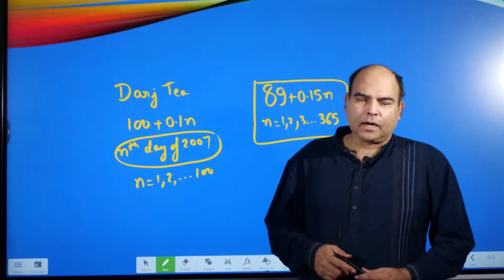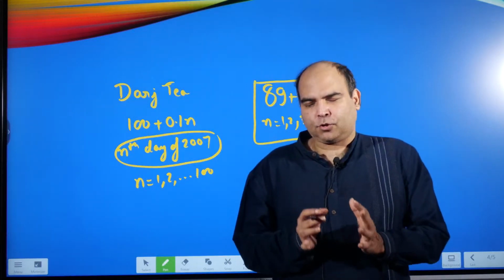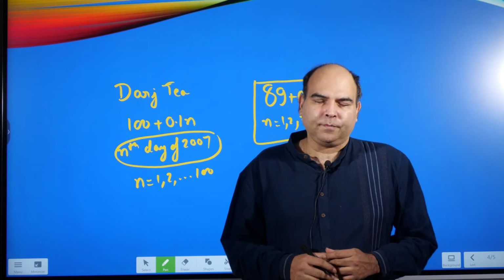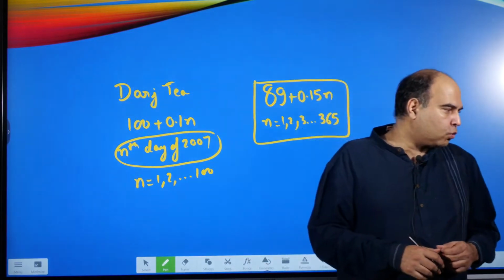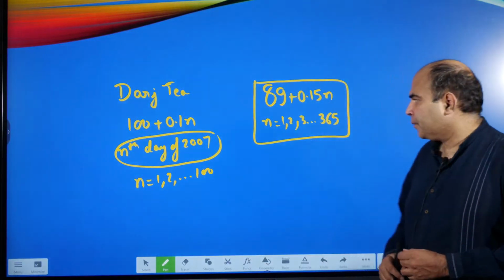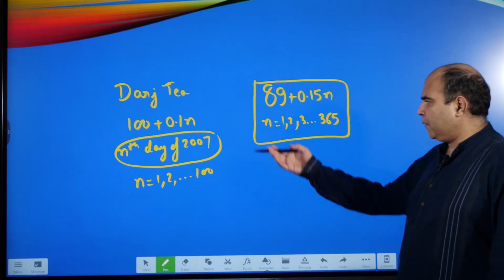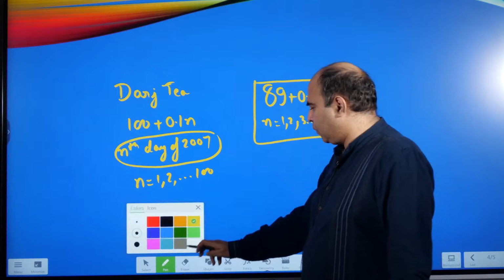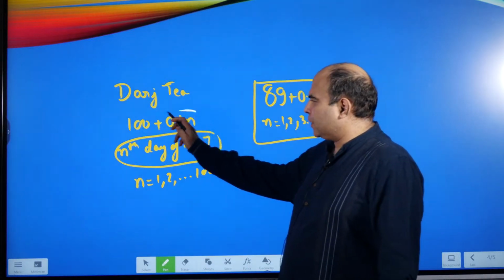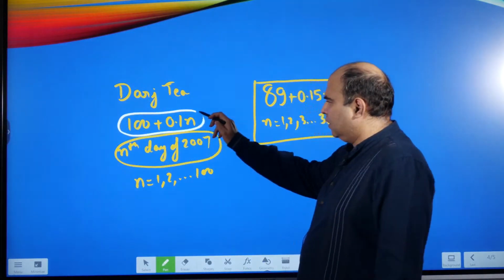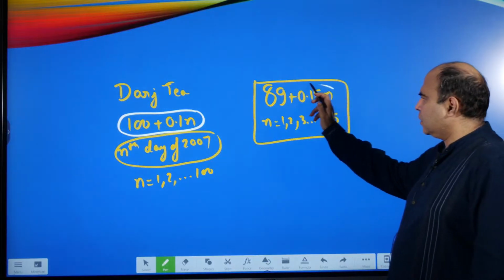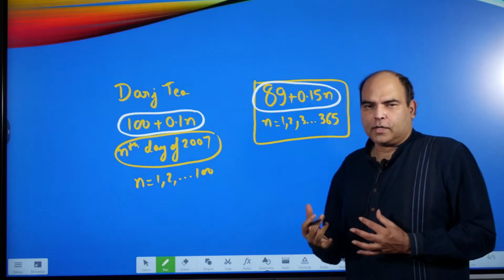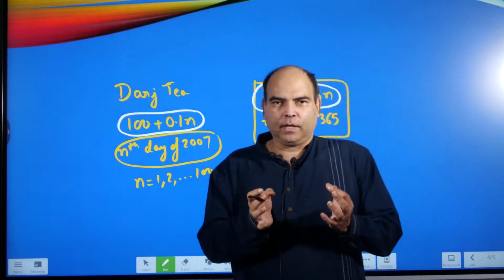What a lot of people started doing for this question, and I'm going to show you two ways of doing it, is the algebraic method first. In the algebraic method, you equate the two functions. One function defines the price of Darjeeling tea, the other the price of OTT, and the question asks when the two prices are equal.